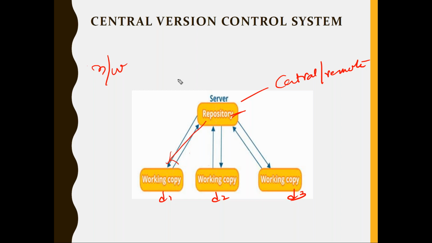If network connection is not there, you have to wait till network connections are resumed. And another thing, because like I said, it's a central repository, it works like a single source of truth. If something happened to this remote repository, let's say the central server crashed, chances of recovery are very less. So these are the two limitations or drawbacks of this centralized version control system.